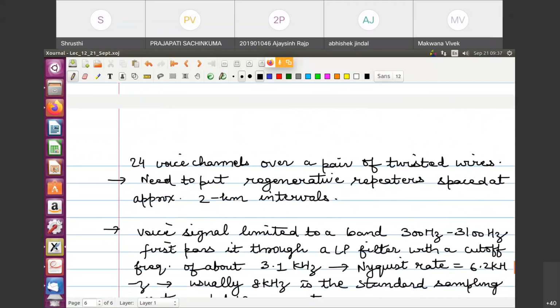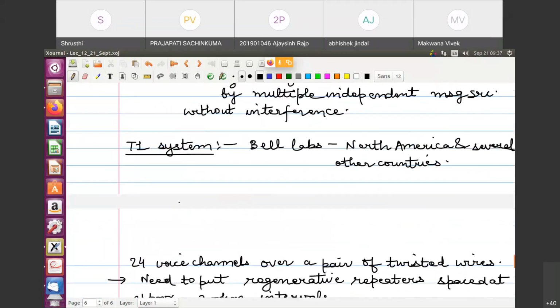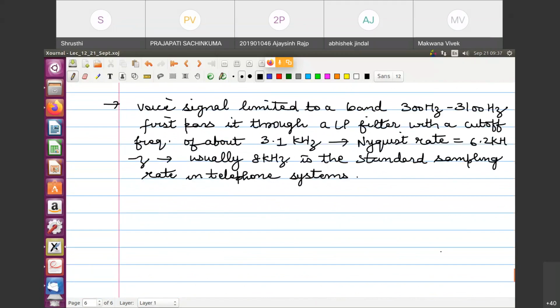So basically, this is in the T1 system. In the T1 system, you will use 8 kilohertz as the sampling rate for each of the voice channels.